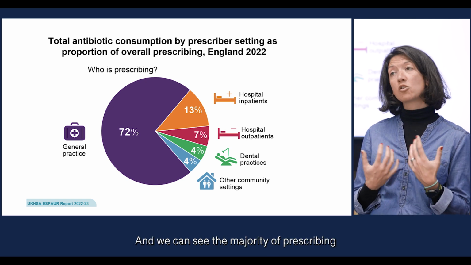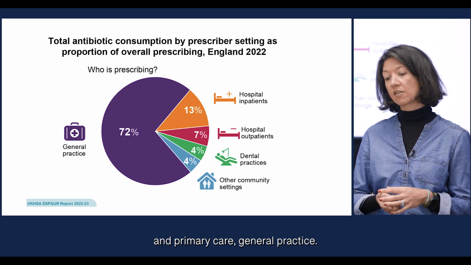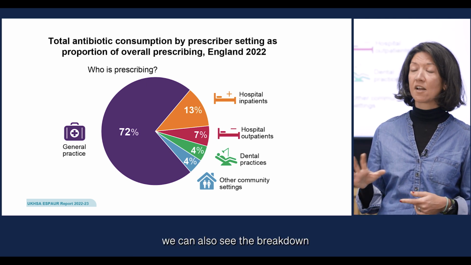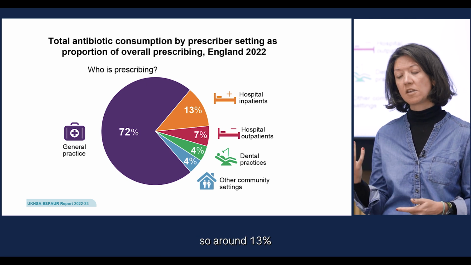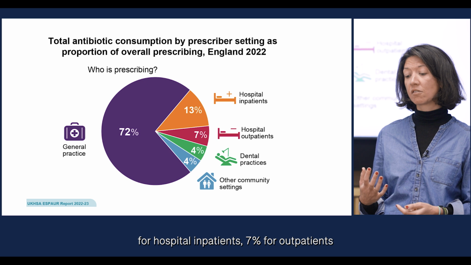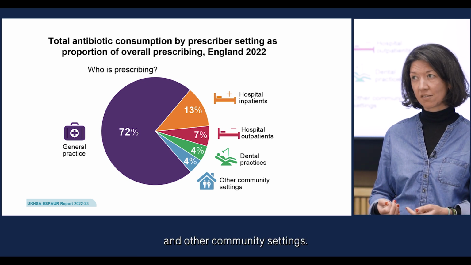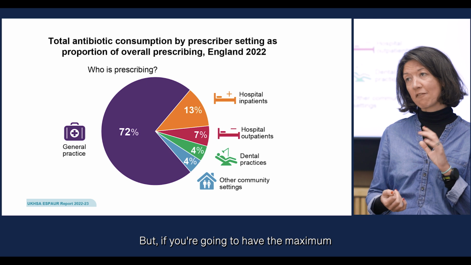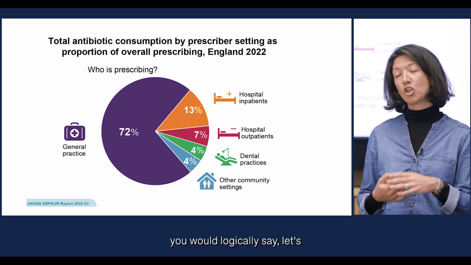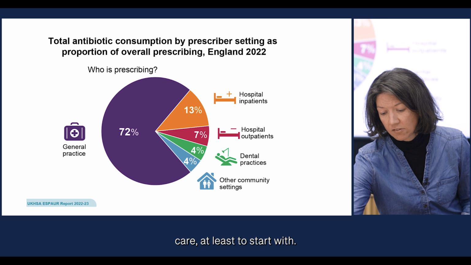We can see the majority of prescribing is in the community, in primary care, general practice. We can also see the breakdown in other settings: around 13% for hospital inpatients, 7% for outpatients, and some prescribing in dental and other community settings. If you're going to have the maximum impact here, you would logically say, let's focus our efforts on primary care, at least to start with.